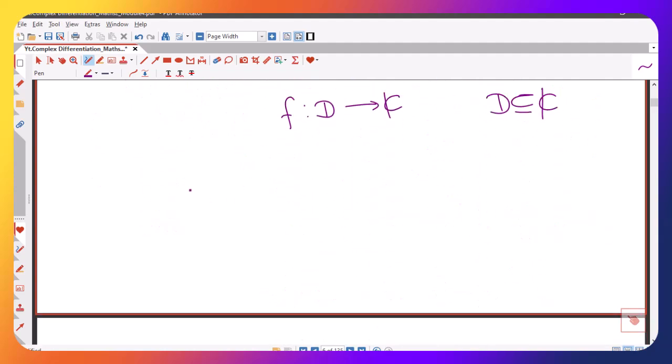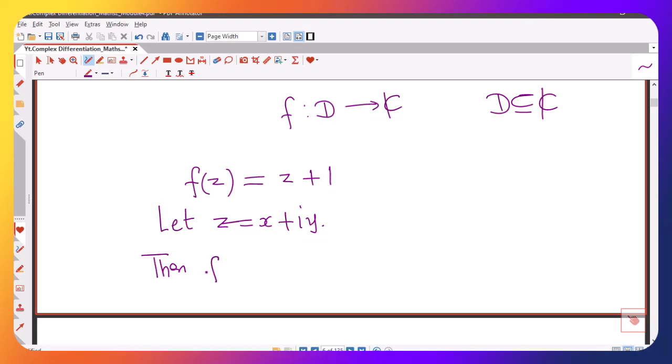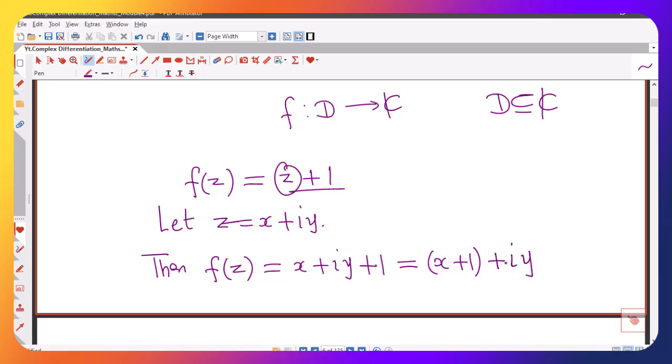And whenever we have a complex function, suppose I consider f(z) equal to z plus 1, and consider z equal to x plus iy. I will put z equal to x plus iy here. So f(z) becomes x plus iy plus 1, and this we can rewrite as x plus 1 plus i times y.